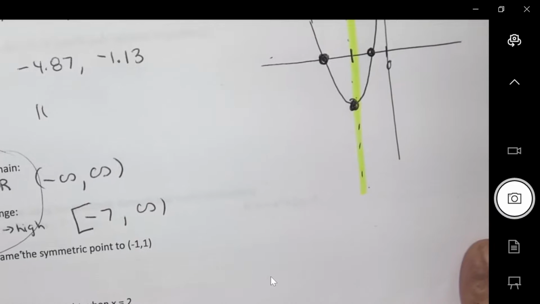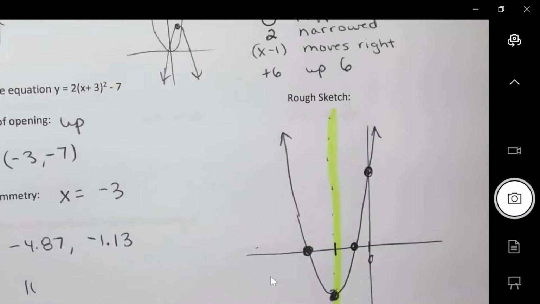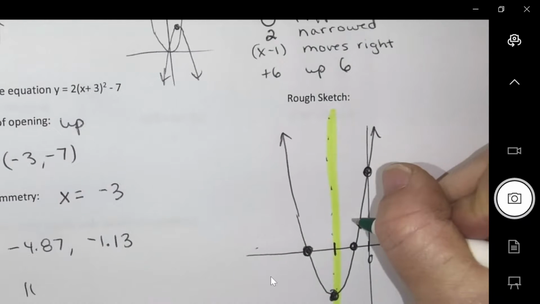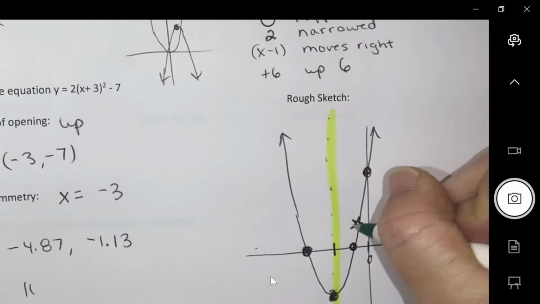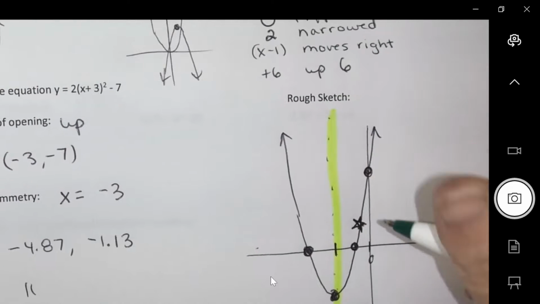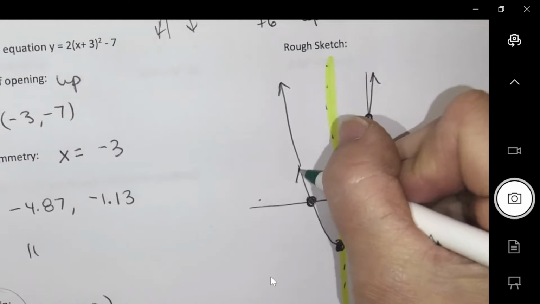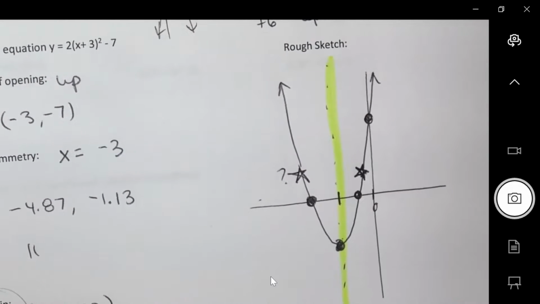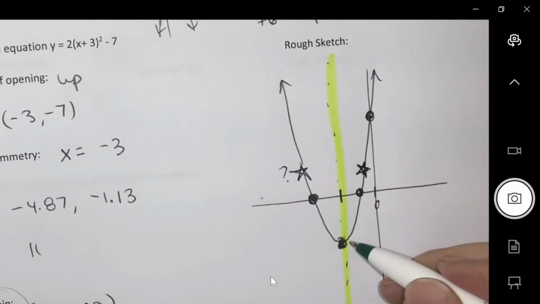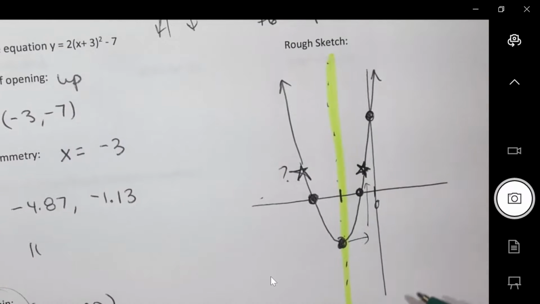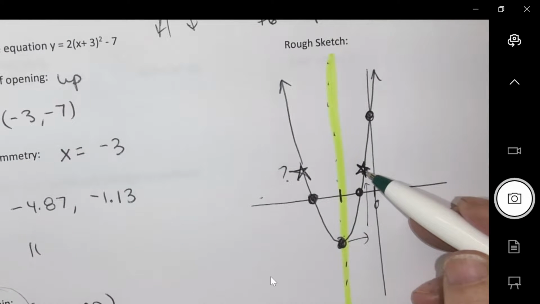Okay, what is a point that's symmetric to -1, 1? So if I'm right there, -1, 1, what would be the symmetric point to that? I showed you two ways to do this. If you like algebra, you can just ask, what did I do to move right and up?